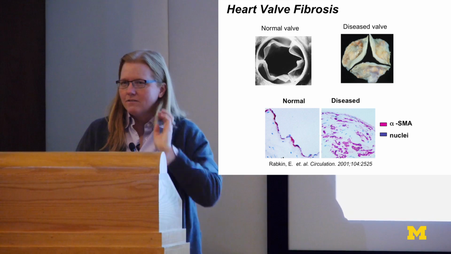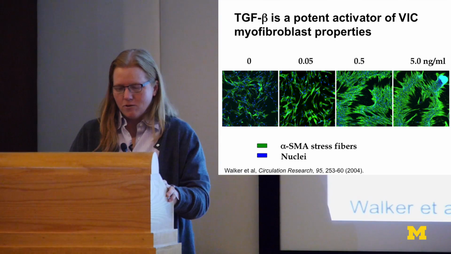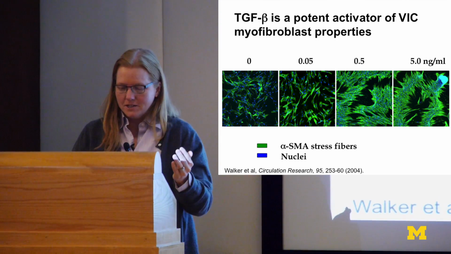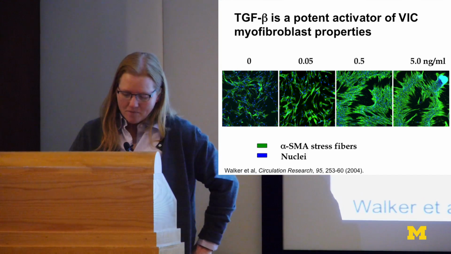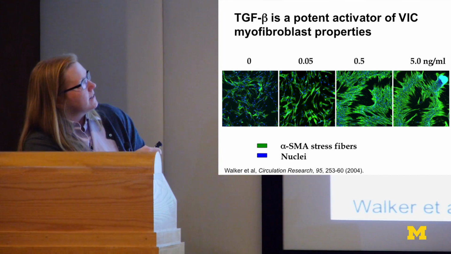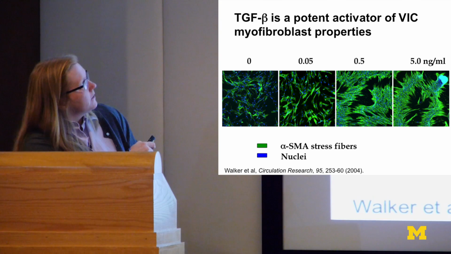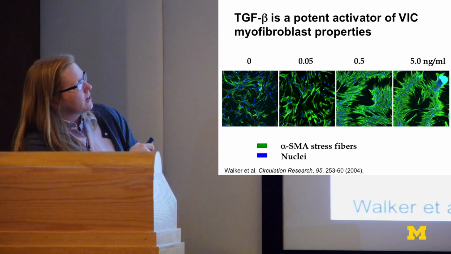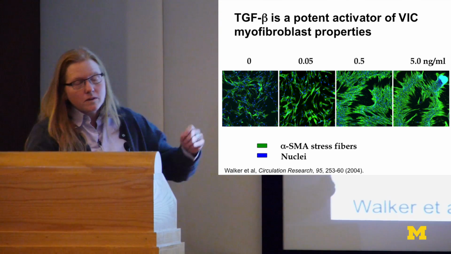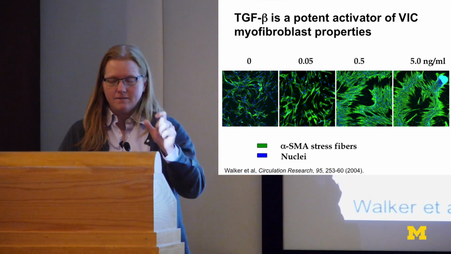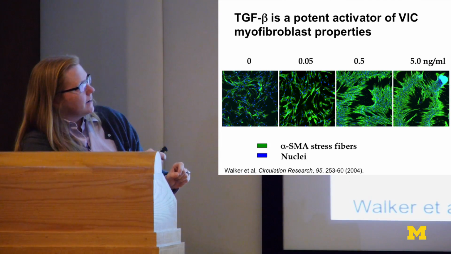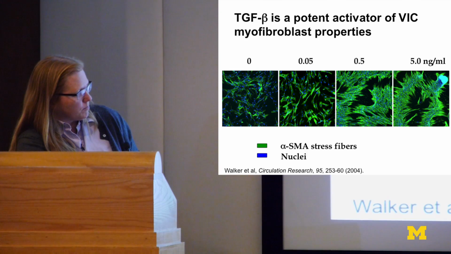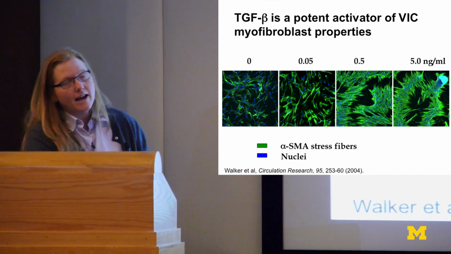And I was jointly advising a molecular, cellular, and developmental biology student on this project. And she was really interested in how this molecule, transforming growth factor beta, could be really important in making these VICs, these activated myofibroblasts that express this alpha smooth muscle actin.